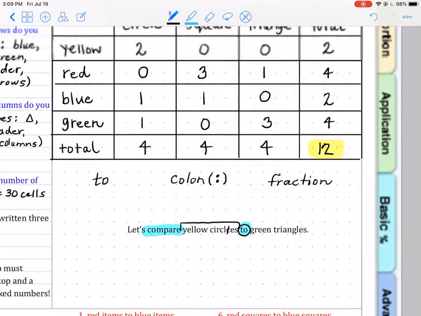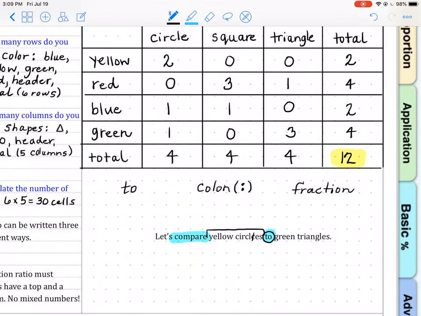So yellow circles, when I look up here to my table or to the array, I see that yellow circles are 2. So there are 2 yellow circles. And then you count the items that fit the description after the word to. So green triangles, there are 3 of them.